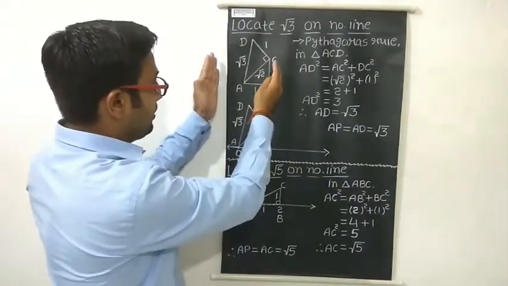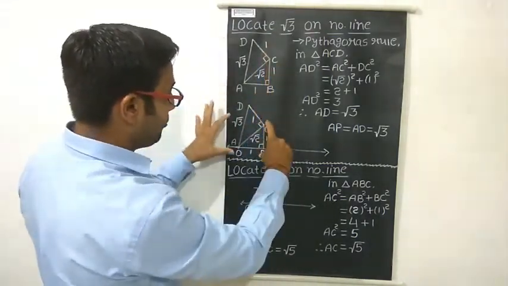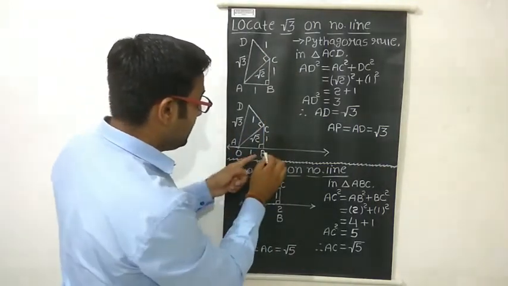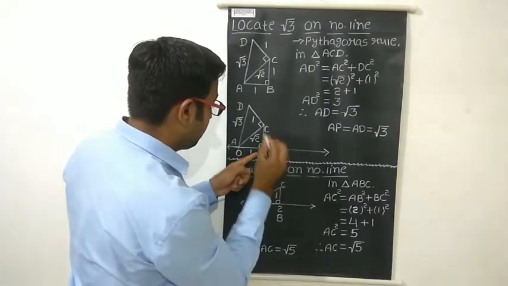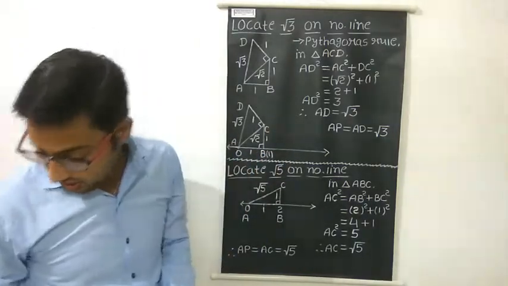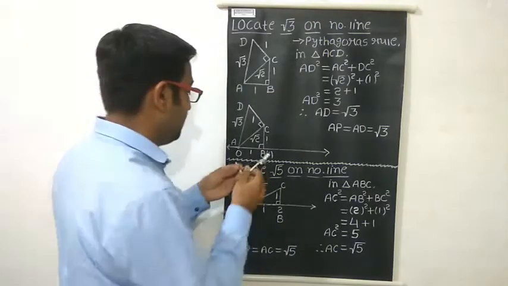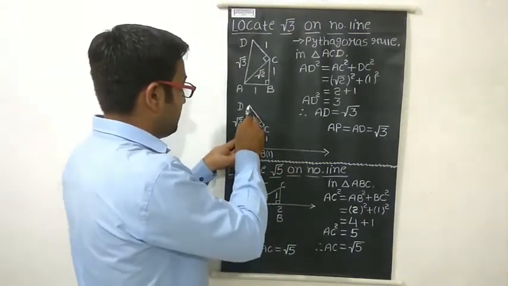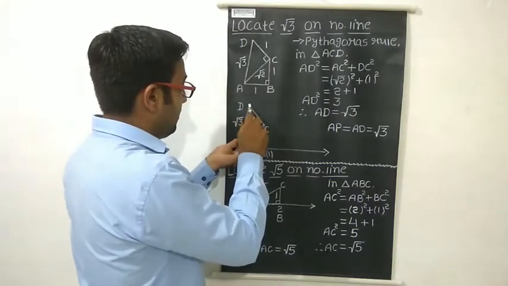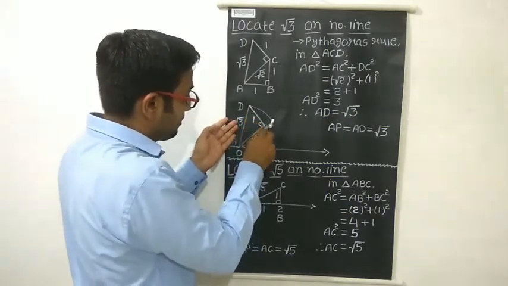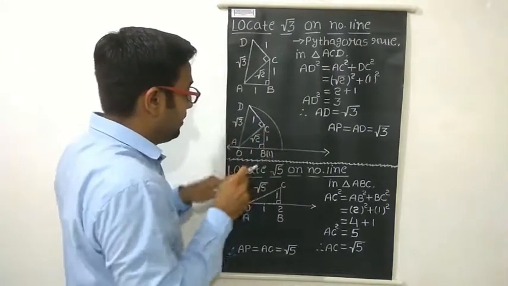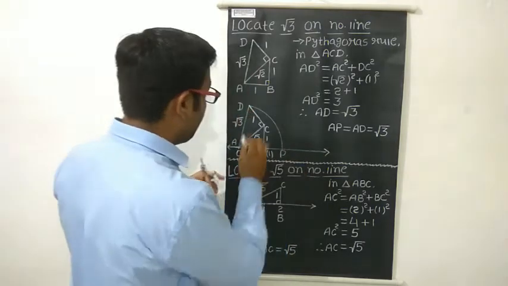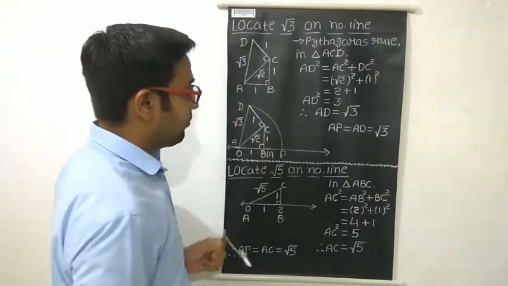To mark this on the number line, we will draw this diagram on the number line. Suppose this is your 0. This B is now 1. So to take root 3 on the number line, again we will use the compass, point it on the 0, take a distance OD and make an arc like this and give it the point P. Now OD and OP are equal, right?